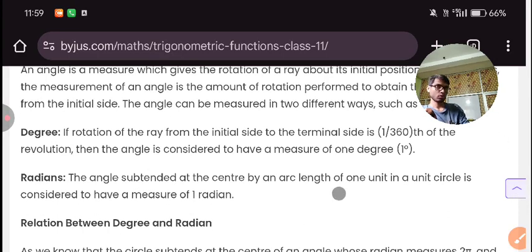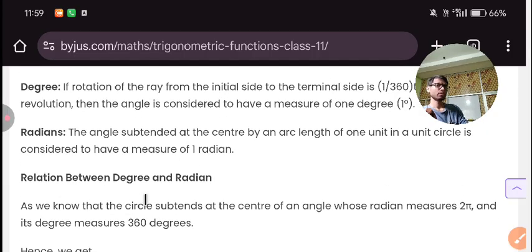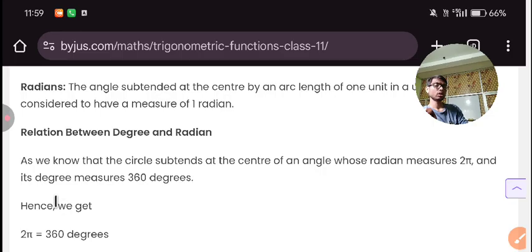Radians. What is the meaning of radian? The angle subtended at the center by an arc length of 1 unit in a unit circle is considered to have a measure of 1 radian. Relation between degree and radian: as we know, a circle subtends at the center an angle whose radian measure is 2 pi.